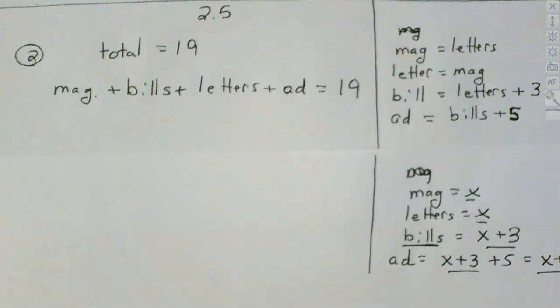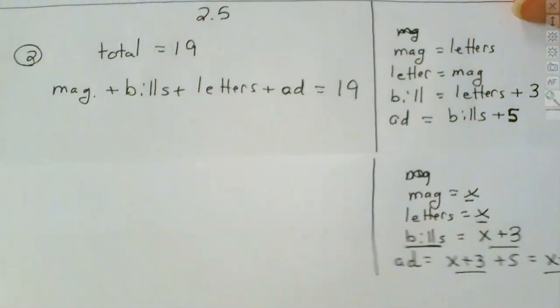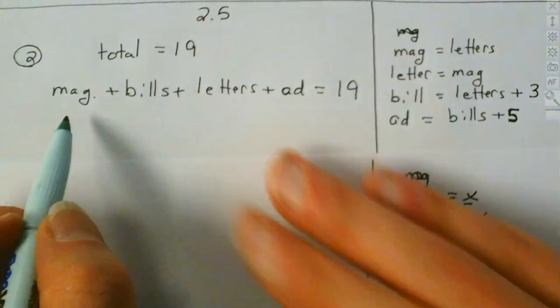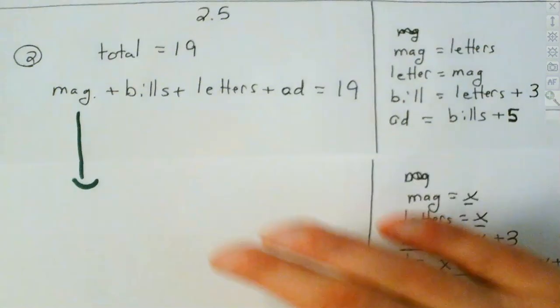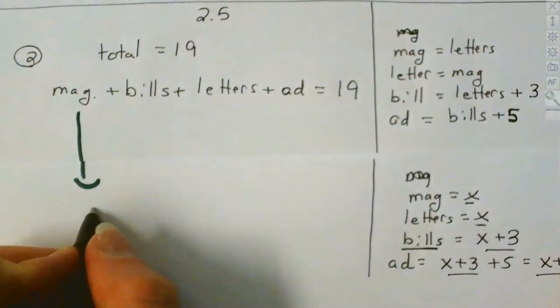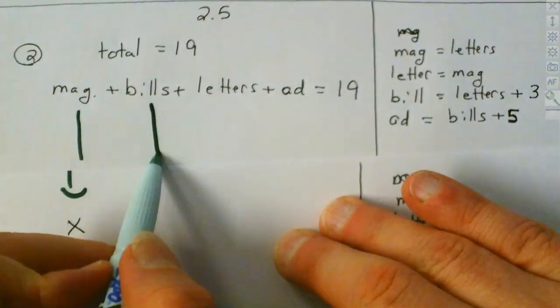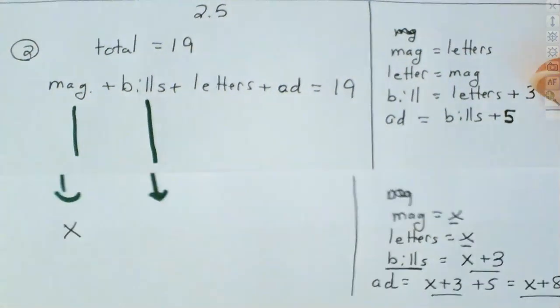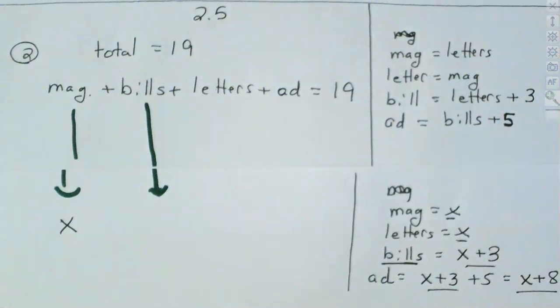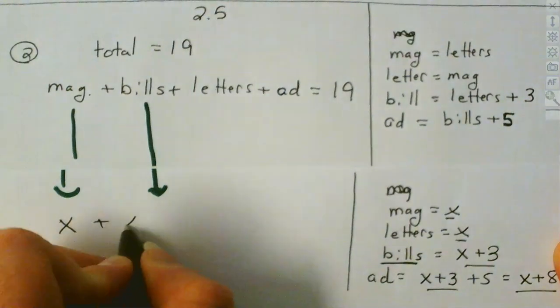Okay, so what do we know? Let's fill it in. I'm going to draw arrows here. Magazines. What did we define the magazines to be? X. So that comes down. Bills. What did we define the bills to be? X plus 3, right? So that goes there.